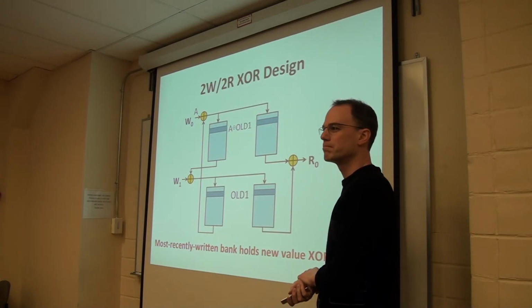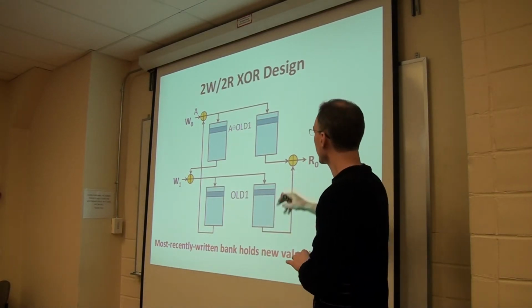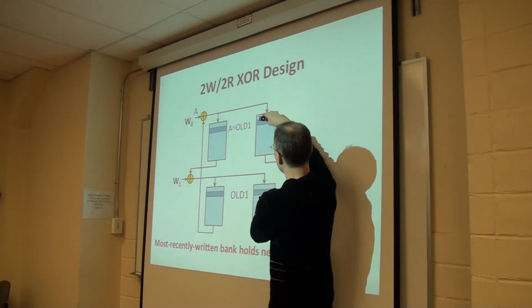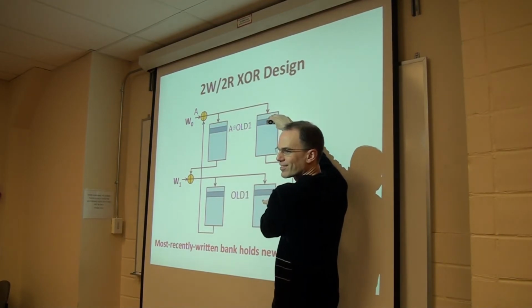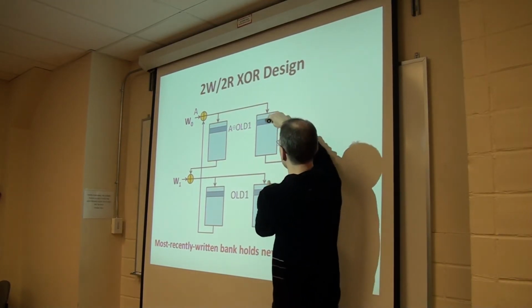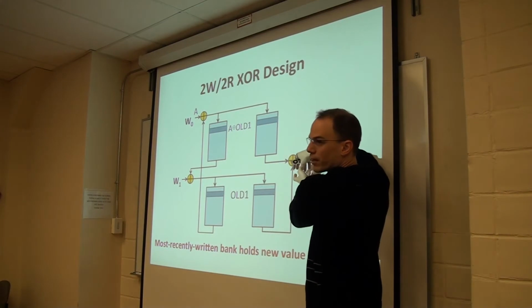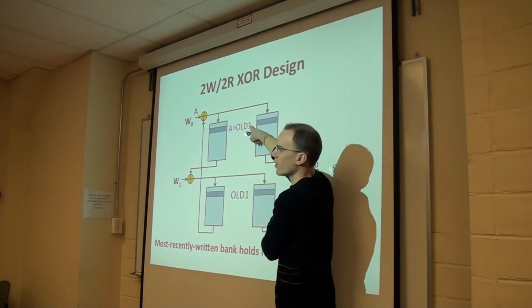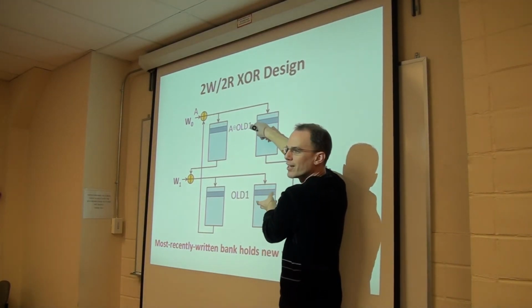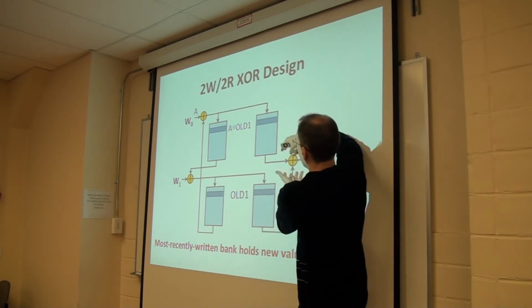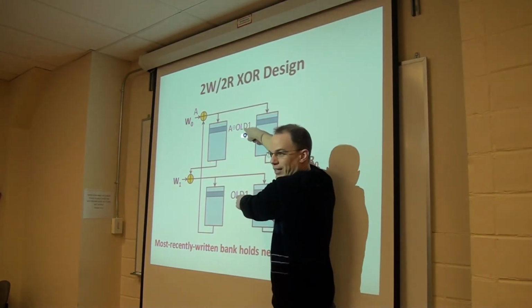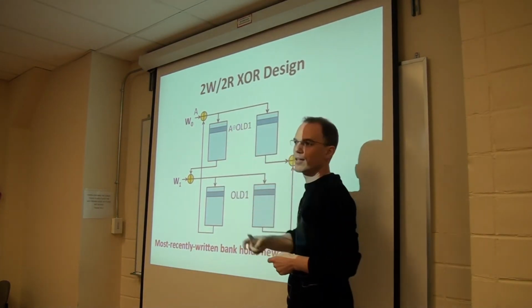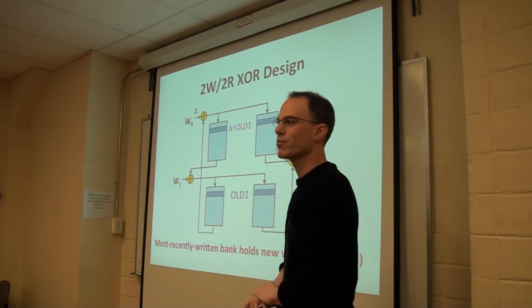And now, if you believe I have a way to get to this situation, when I read, I'll just XOR these two things together. And because this has a copy of the old thing, when I XOR this all together, those two things cancel each other out, and I end up with the value I cared about.